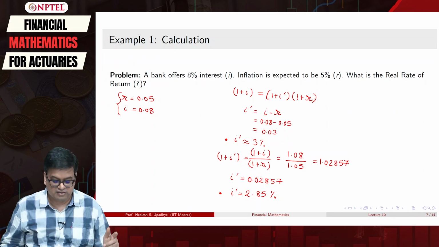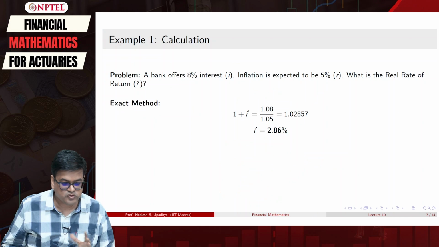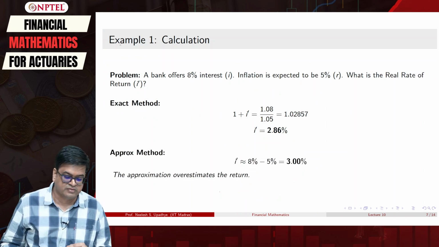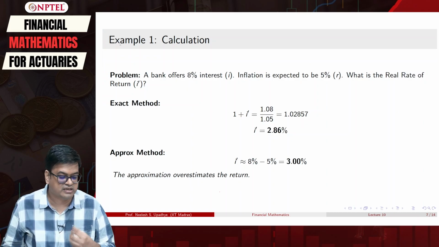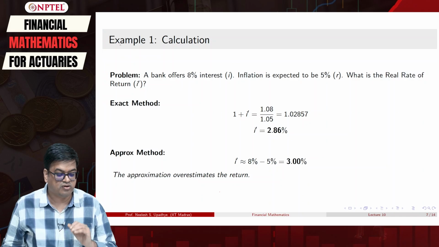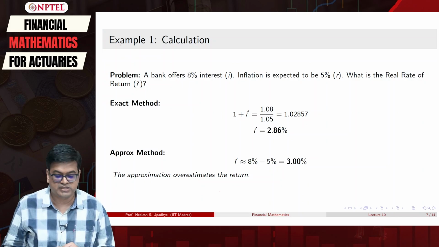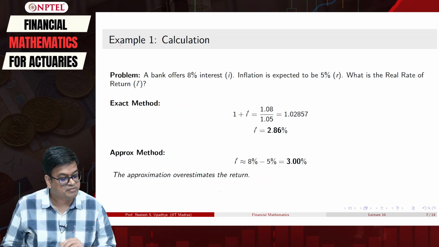Let us see if our calculations are correct in the printed solution. The first is that exact method, 2.86%, and then the approximate method gives an interest rate of 3%. So the approximate method overestimates the return.